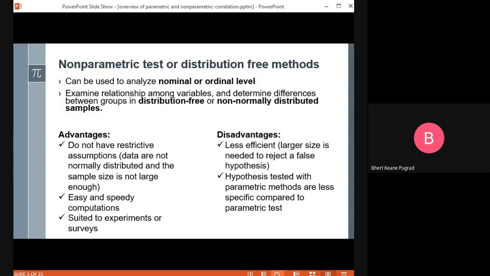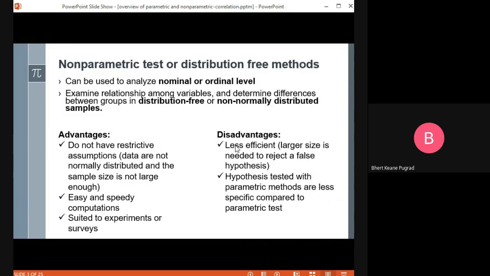In non-parametric tests, there are also assumptions. Take note that if the measurement is at least nominal or ordinal, then we are going to use a non-parametric test. Another, if the data are not normally distributed, which means there are deviant samples or extreme scores, and the mean, median, and mode do not equally divide the set of numbers into two equal parts, then we are going to use a non-parametric test.